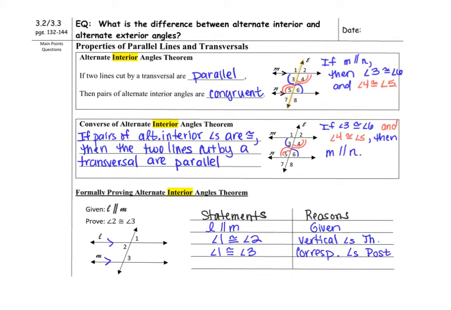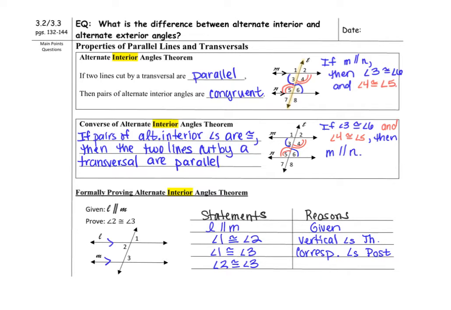Notice that angle 2 and angle 3 are both congruent to angle 1. So if these angles are congruent to angle 1, then they are congruent to each other. So now I can say that angle 2 is congruent to angle 3 by which property?